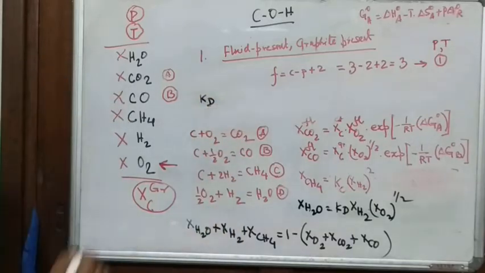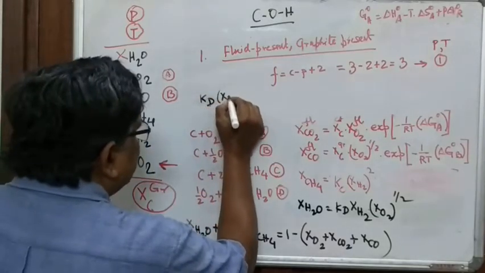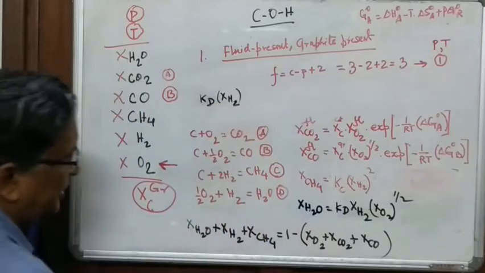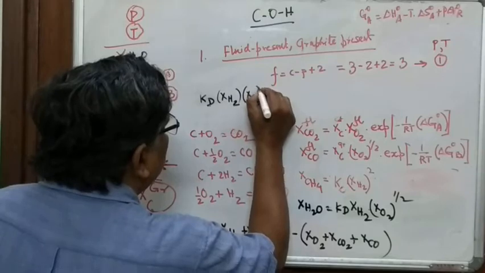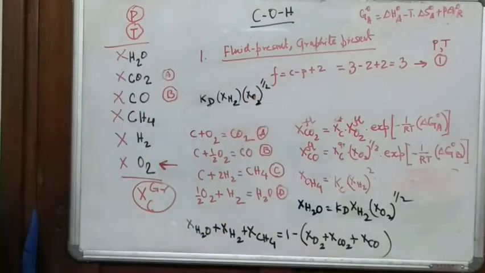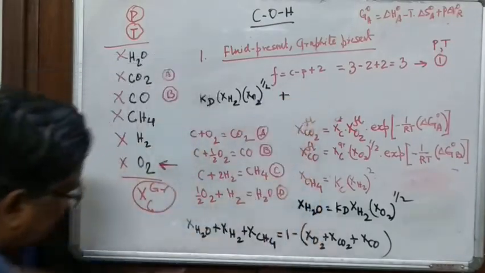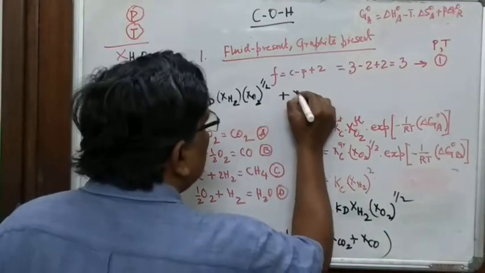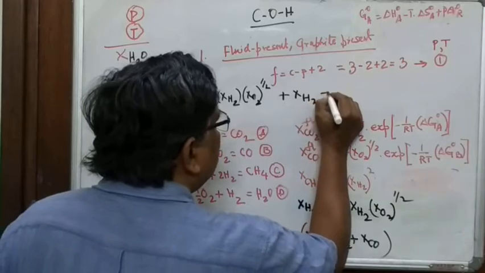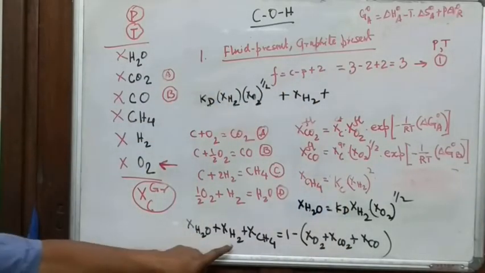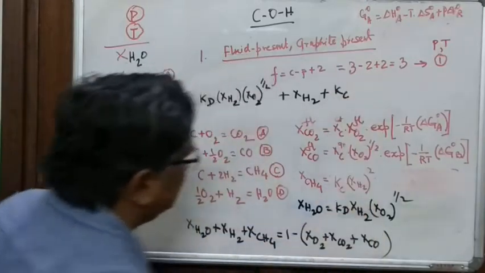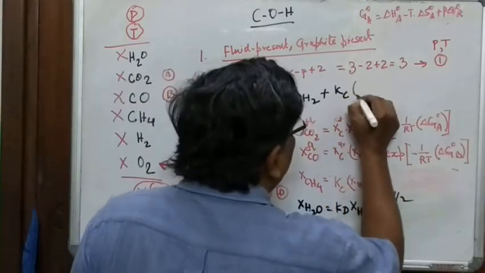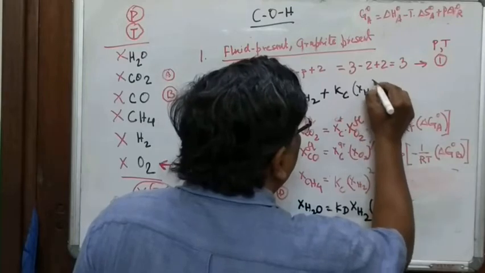So I will write KD into XH2 into XO2 to the power half. This is for XH2O, plus XH2, of course, plus, now for CH4 I can write Kc into XH2 whole square.